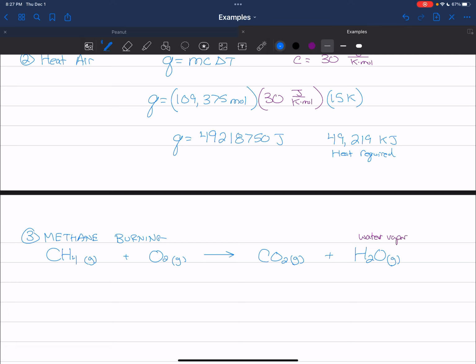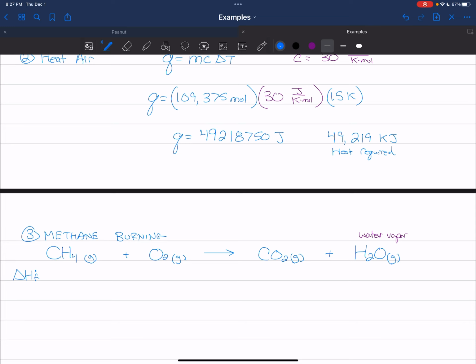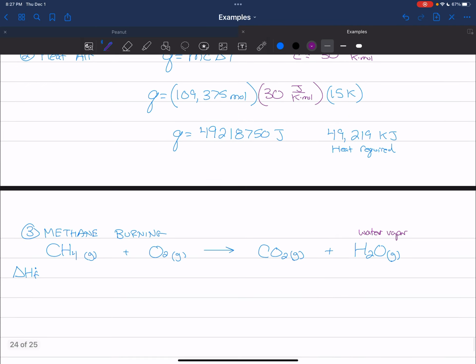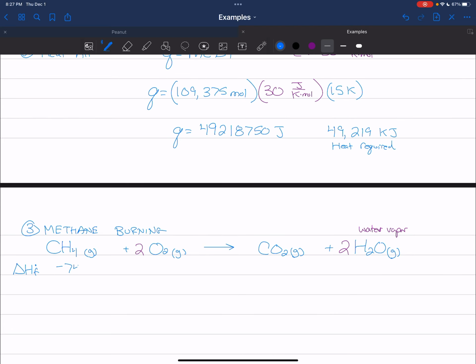So we go to the back of the book, look up delta HF standard of these. All right, oh, I forgot to balance the equation. So if I balance the equation, C is good. I need a 2 in front of water. And now I have 4 oxygen, so I need a 2 in front of O2. There we go. So look up delta HFs. For methane, it's negative 74.6 kilojoules per mole.